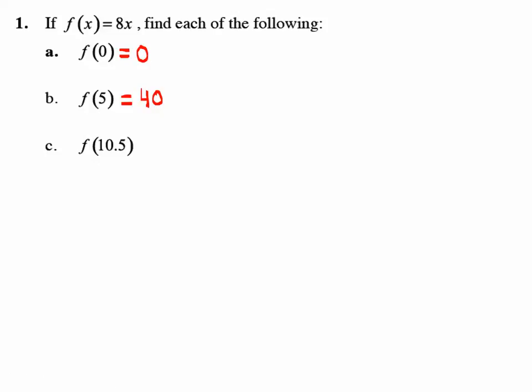I'm not writing it down for you because I want you to do it in your head. But really, what we're doing is 8 times whatever number is inside the parentheses. This is called the input. Sometimes it's called the dummy variable because whatever is here, that's what you plug in. If it was a triangle, we would plug in a triangle. If it was a star, we would plug in a star.